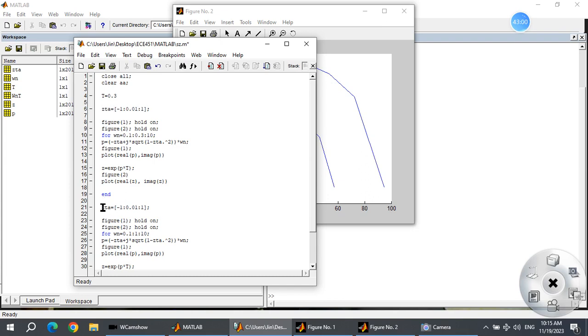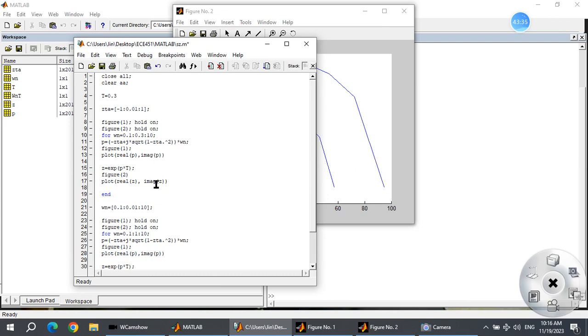Now omega changes. For every fixed zeta, omega n will change. I change omega n from 0.1 with step 0.1 to 10, and here also 0.01.